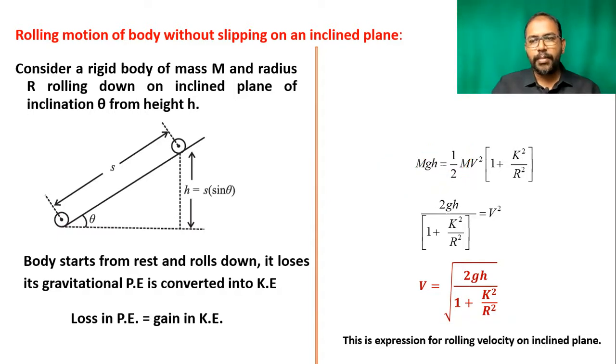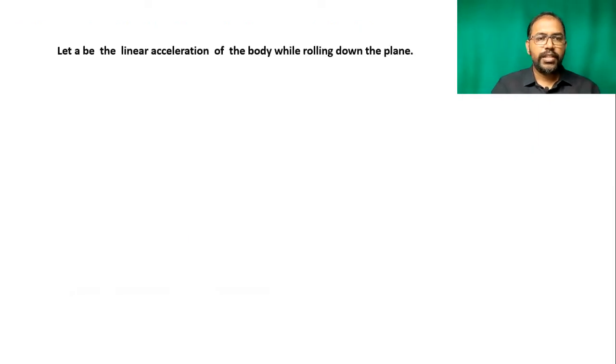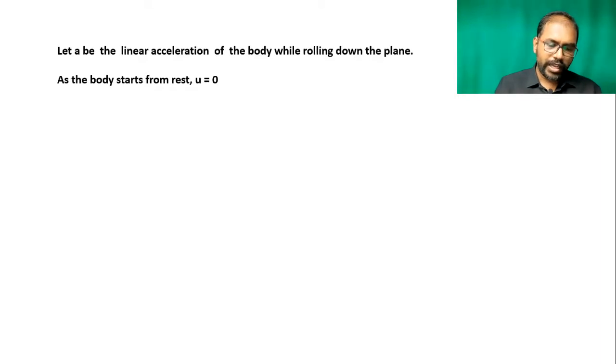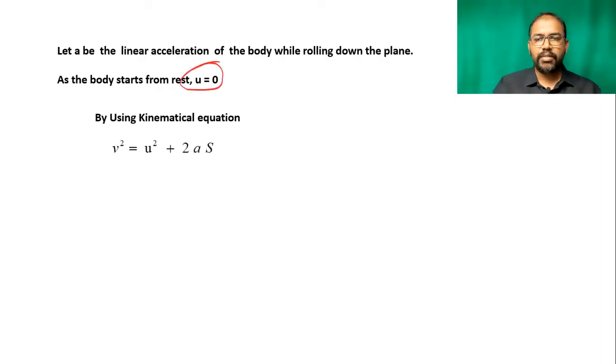Now after that, in a similar manner, we can find out acceleration also by using a kinematical equation. This is accelerated motion, so by using the kinematical equation, we have to find it out. As we already know, initial velocity is 0 here. So by using the kinematical equation, v square is equal to u square plus 2as. Here u is 0, so it gets cancelled.